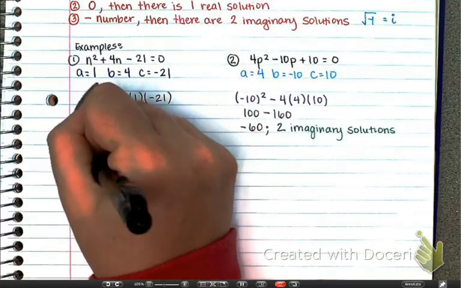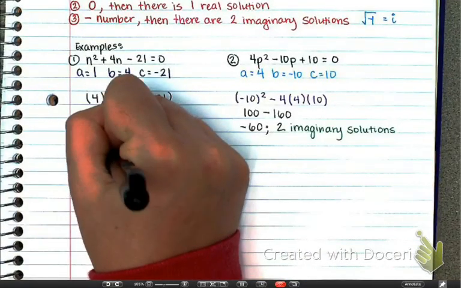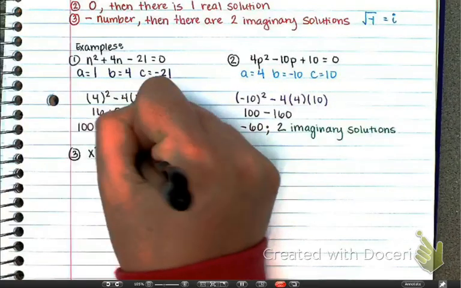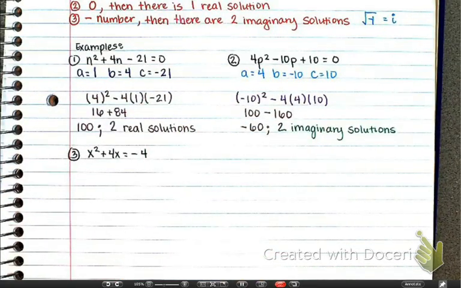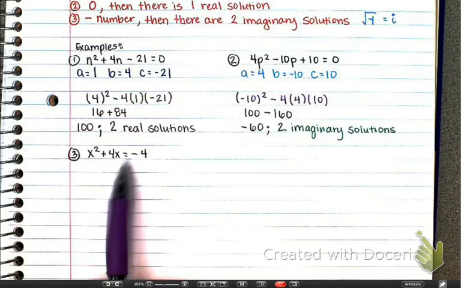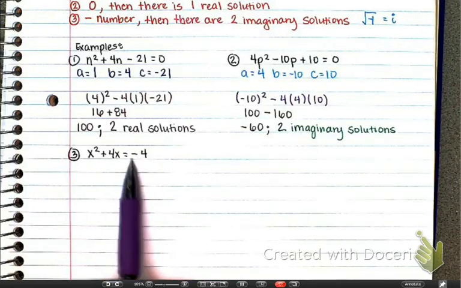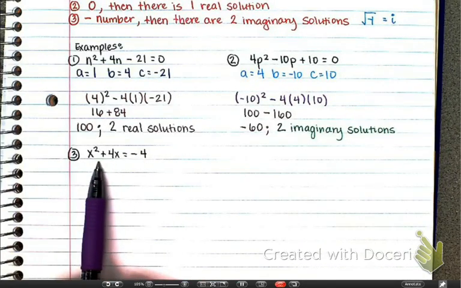Let's do x squared plus 4x equals negative 4. So we're going to start here. Okay, so again, we're checking to see if it's in standard form. I know it's not because I have this constant term over here that I'm going to need to move to the other side.